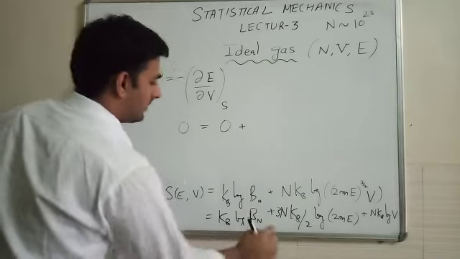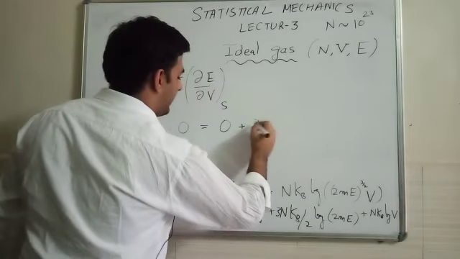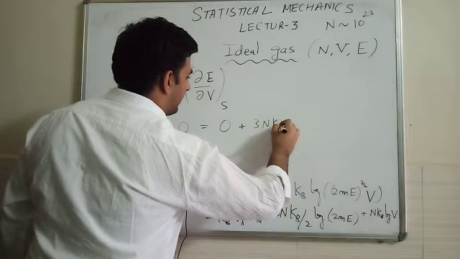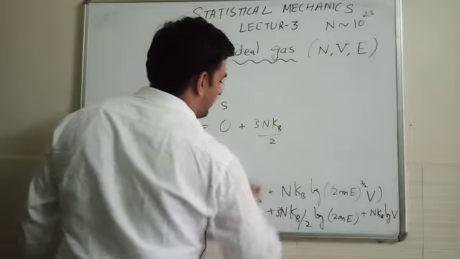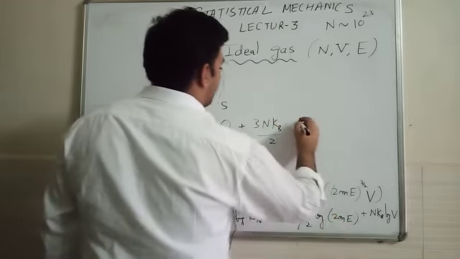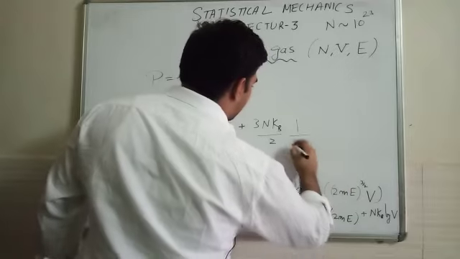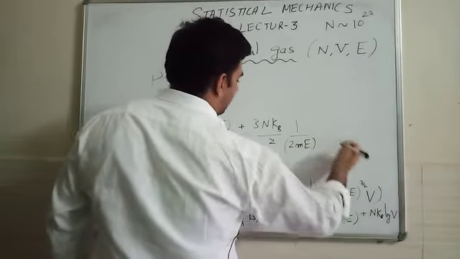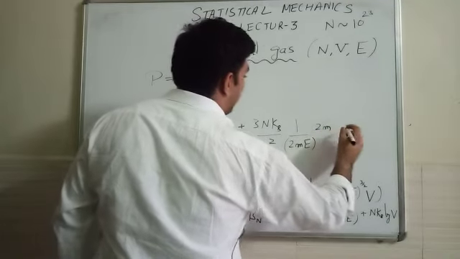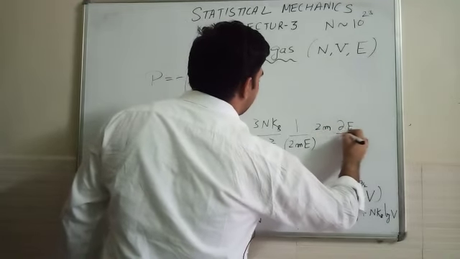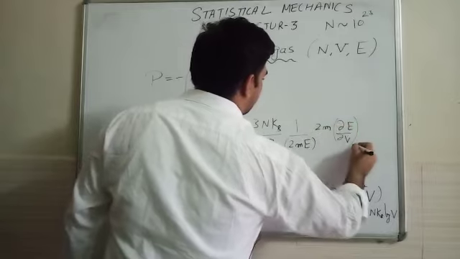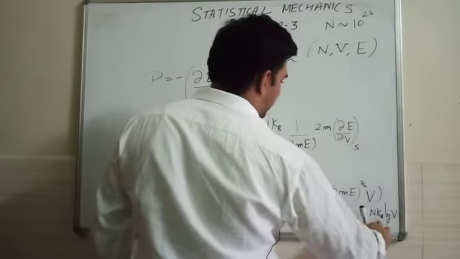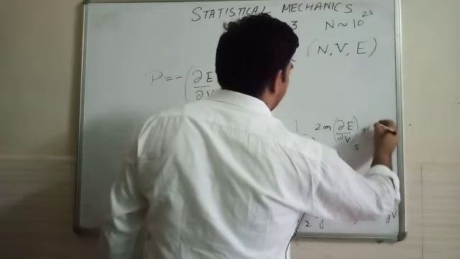The constant gives 0, and this is 3nkB over 2 times the derivative of E with respect to V at constant entropy, plus nkB over V.